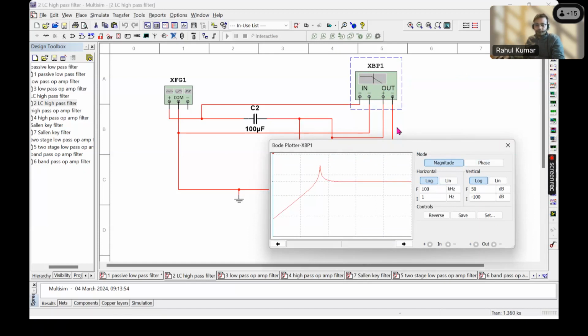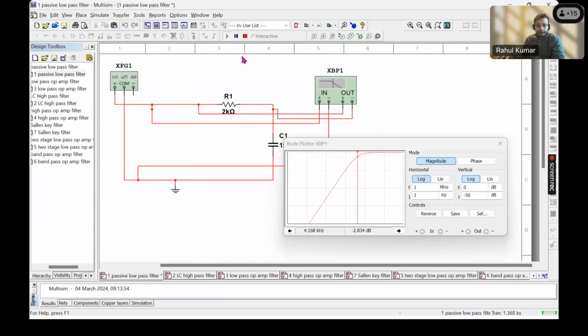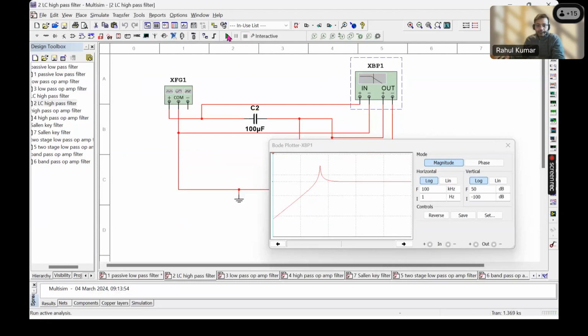You can use it. Now, if we run the circuit, for that we'll have to stop this one and then run this circuit. So if we run this circuit, we get this type of a response.